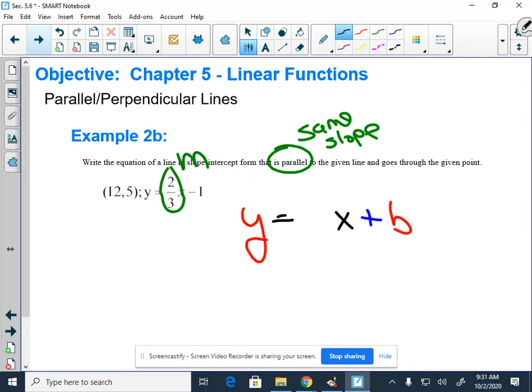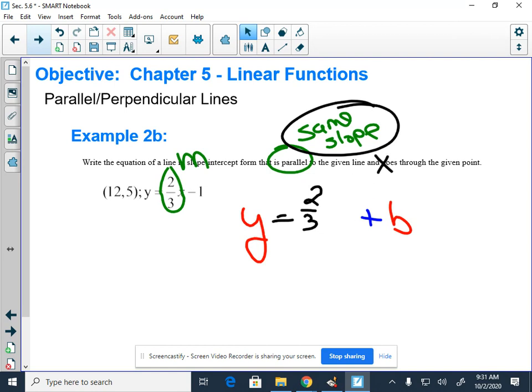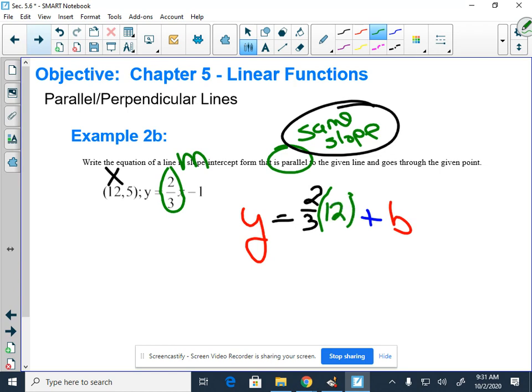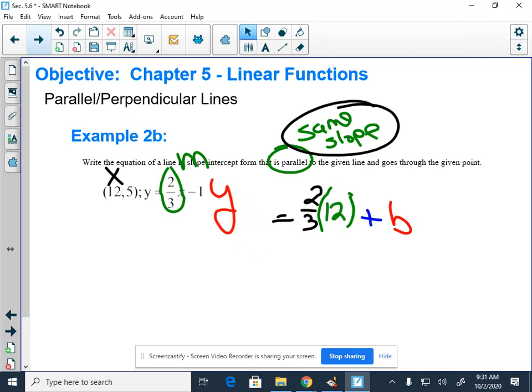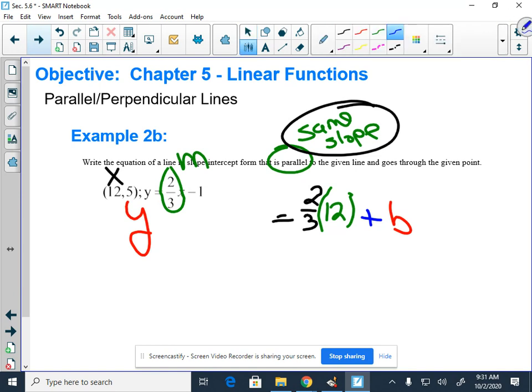It's got to have the same slope, so I'm going to put 2/3 here. Instead of x, what's the value of x? 12. Good. Instead of y, what's our value of y? 5. Very good.